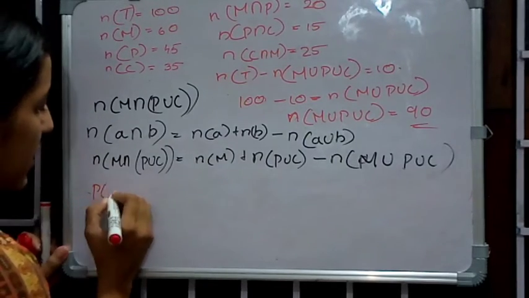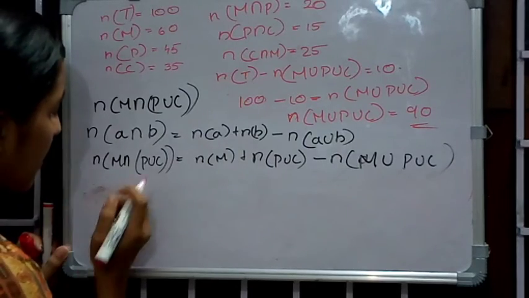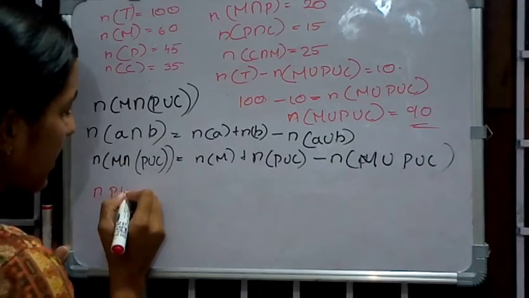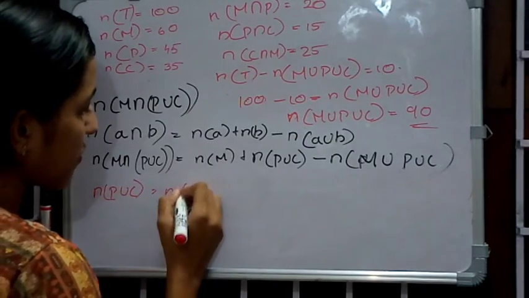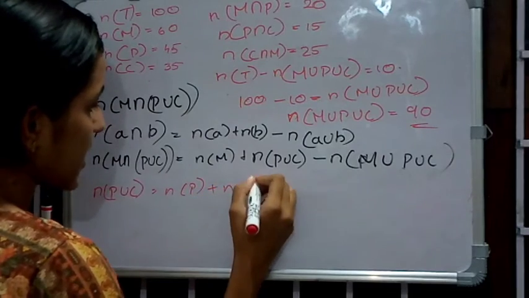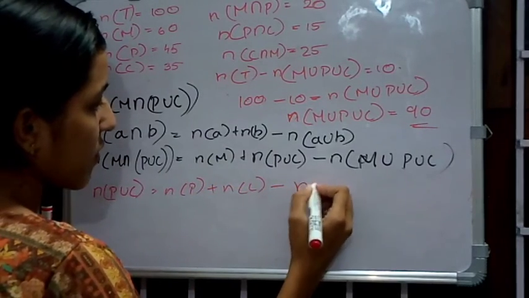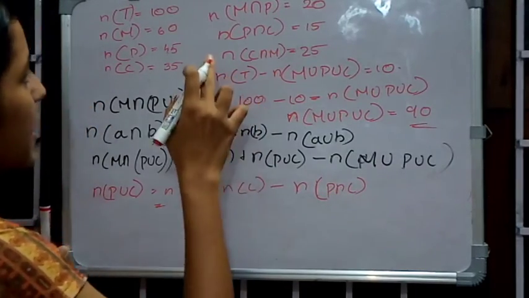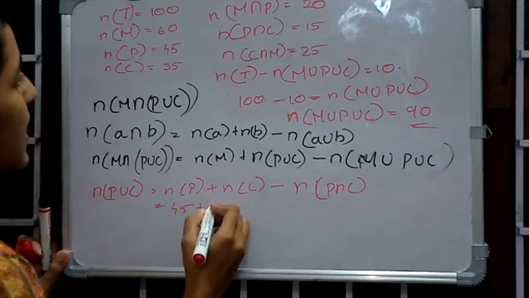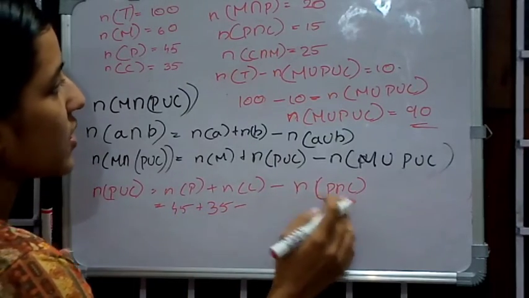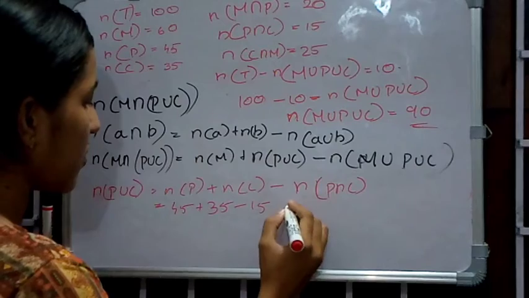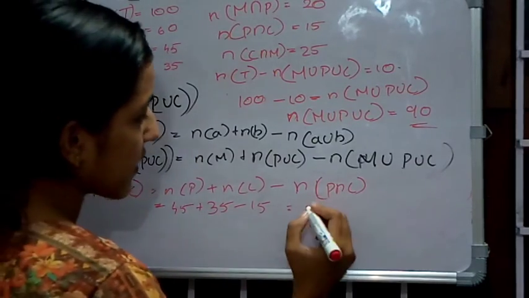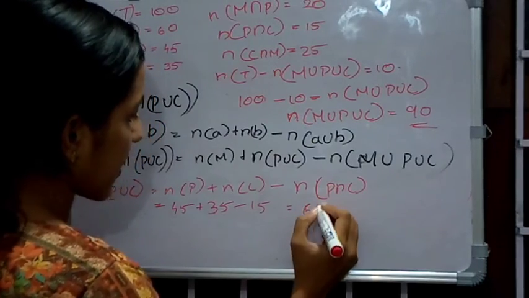n of P union C will be equal to n of P plus n of C minus n of P intersection C. So n of P is 45, n of C is 35 and n of P intersection C is 15. So 35 minus 15 is 20. 20 plus 45 gives 65.